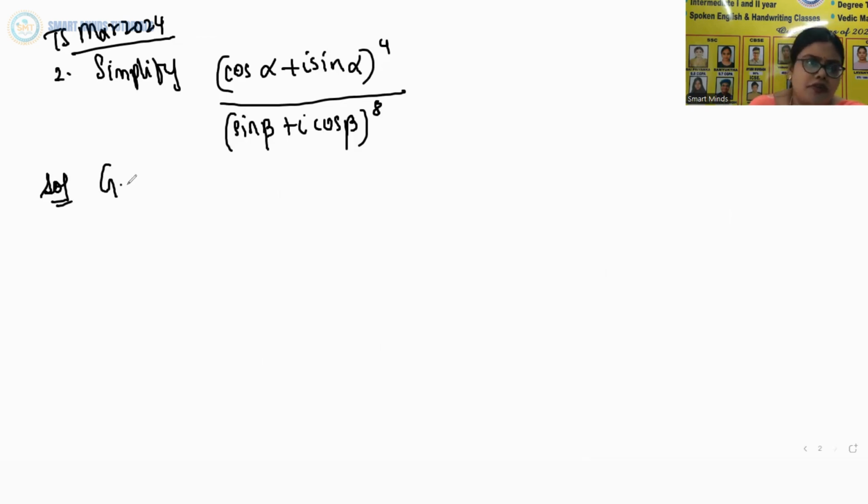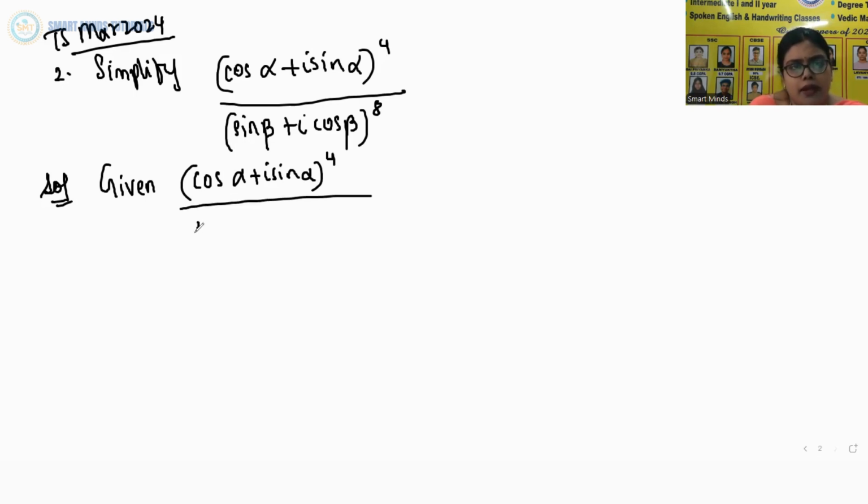Now first we will write the given: (cos alpha plus i sin alpha) whole power 4 by (sin beta plus i cos beta) whole power 8.